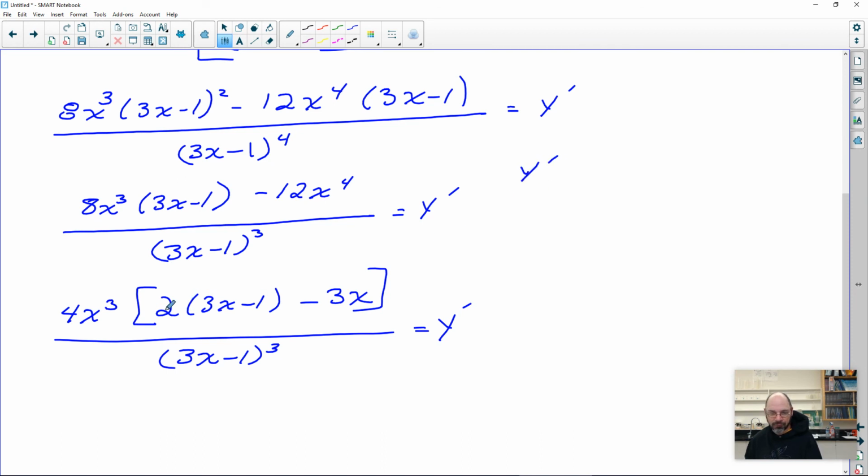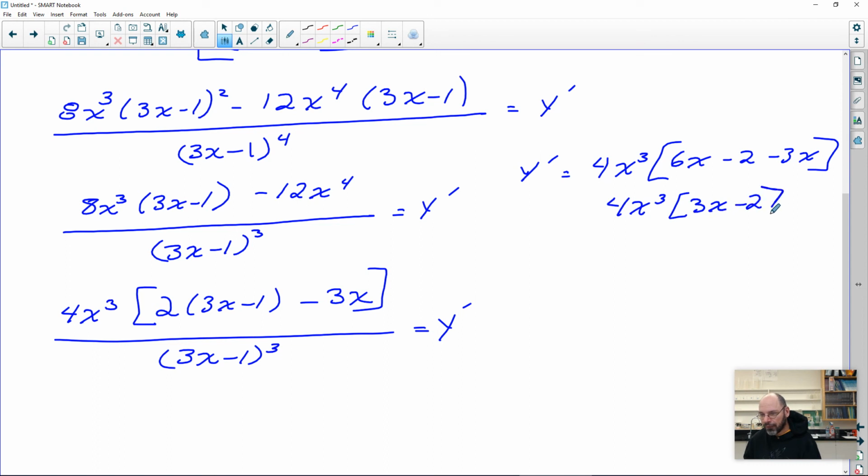So if you wanted to expand this out, you'd get 4x cubed times 6x minus 2 minus 3x, which would equal 4x cubed times 3x minus 2. And then, of course, everything is over top of this.